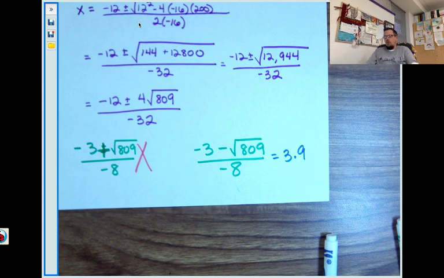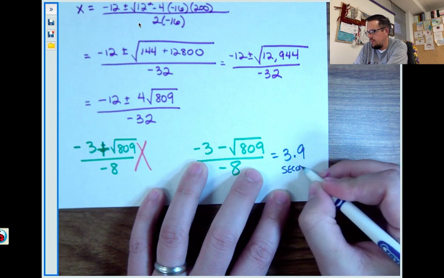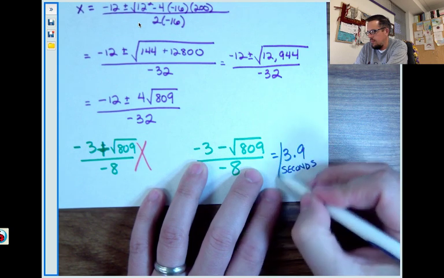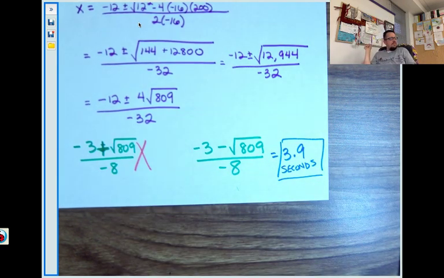A little bit less than 4 seconds. If you put that in the calculator just like that, you'd have to do negative 3 minus the square root of 809 first and get an answer, and then divide by negative 8. Okay. A little bit less than 4 seconds.